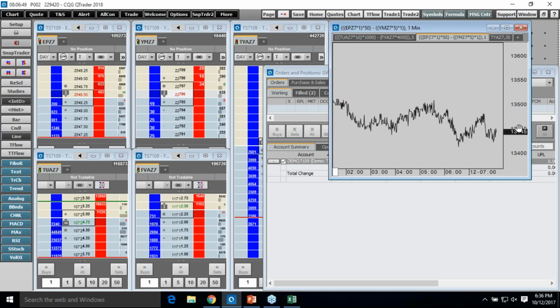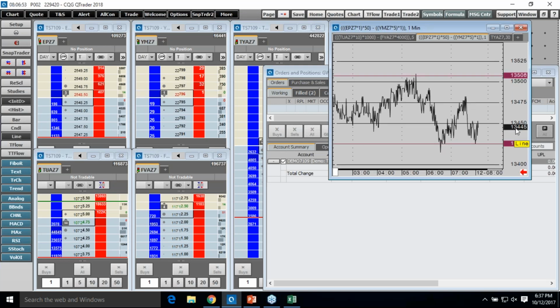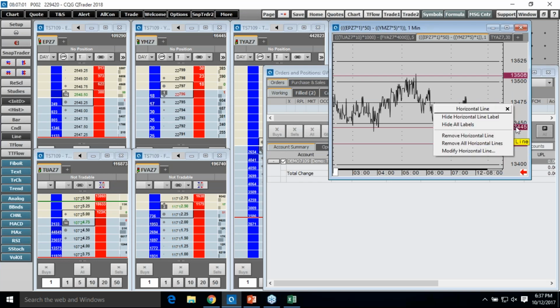And I'm going to actually initiate a trade at 13,445 as a long trade, because I'm guessing that the markets will move back up, right?